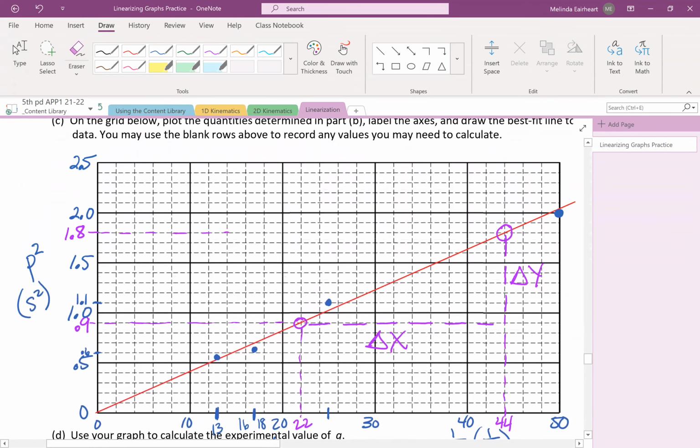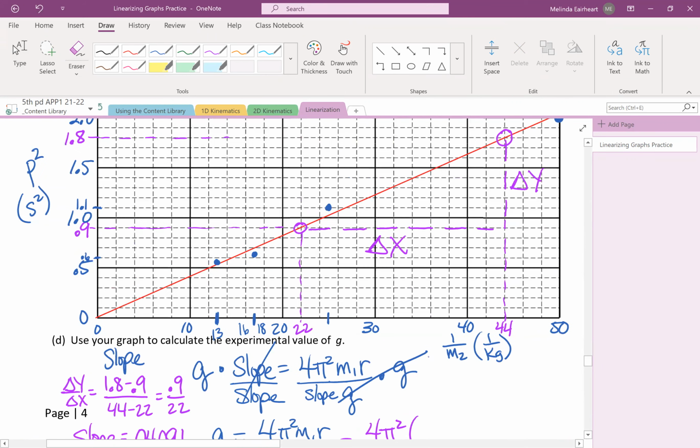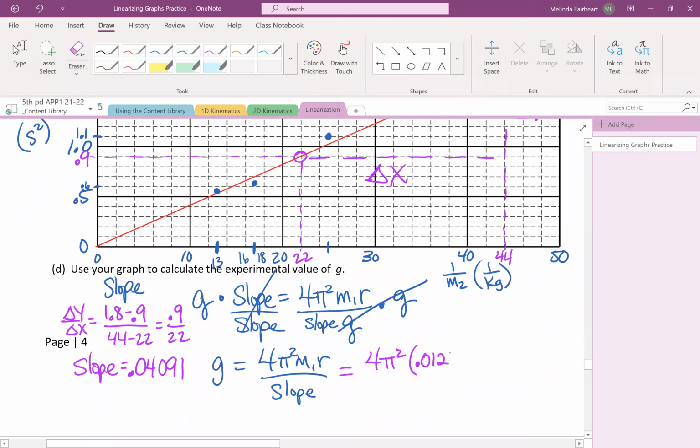Times m1, which I got to go back up, they did give it to us, 0.012, and the radius is 0.8. So 0.012, and then 0.8 was the radius. So whatever that all is, divided by as many numbers as you can handle there, okay?